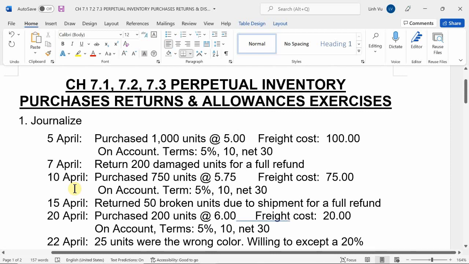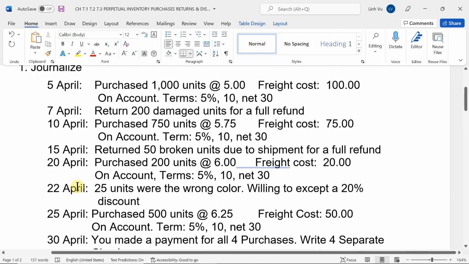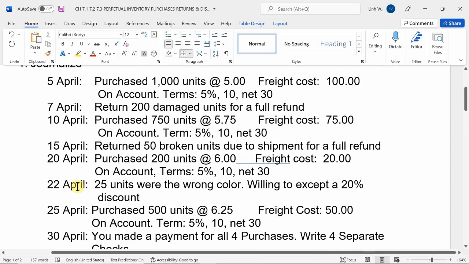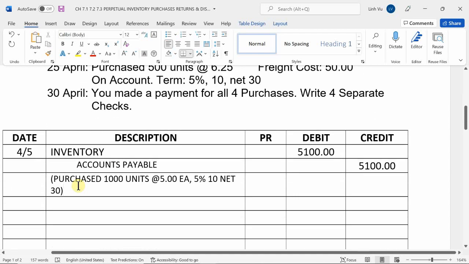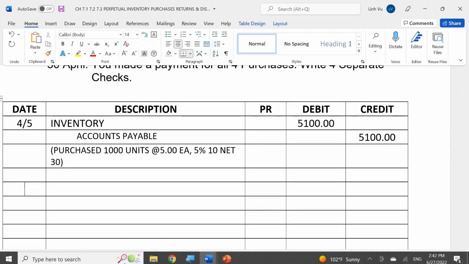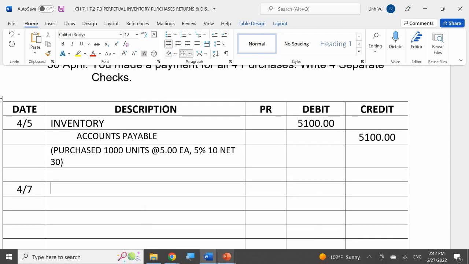Then April 7th, we end up returning 200 damaged units for a full refund. You debit accounts payable, because we never paid, for the 200 times 5, so that's 1,000.